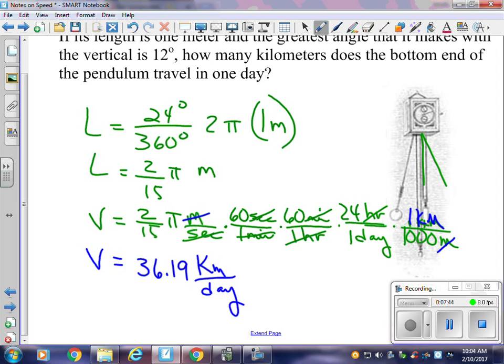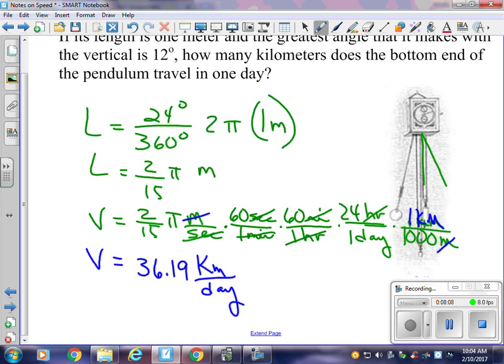Alright. Did you divide by 15 and divide by 1,000, and not times them together, right? Because when you times those two together, you get like 3 million. You would have to put parentheses around the bottom if you want to do 15 times 1,000. Yeah, let's check it. 2 times pi.